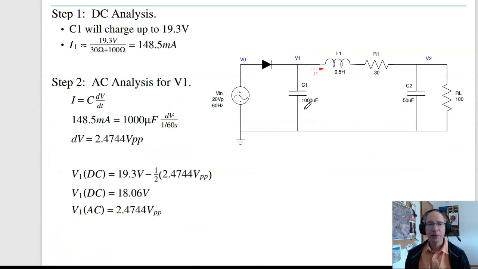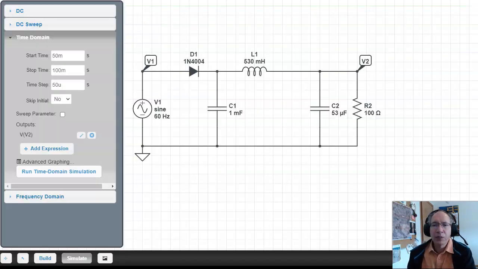Now, the first step in DC analysis is to find the DC voltage. Well, this is actually kind of hard.